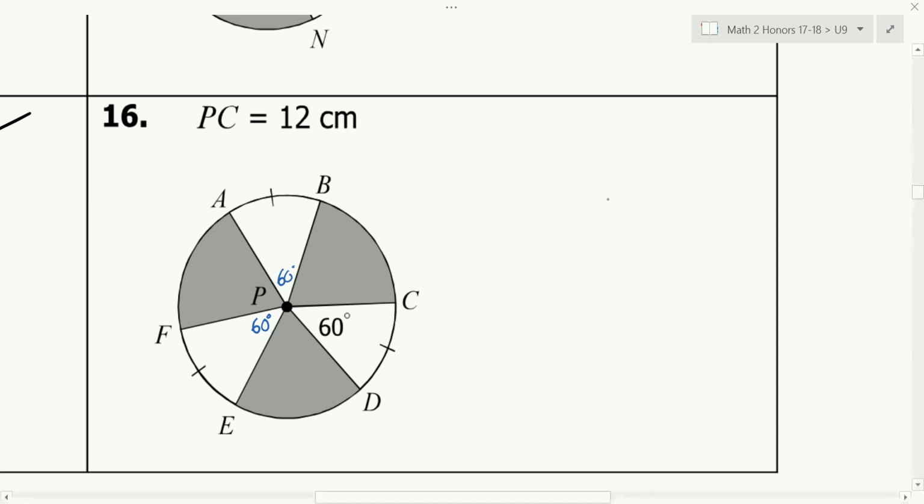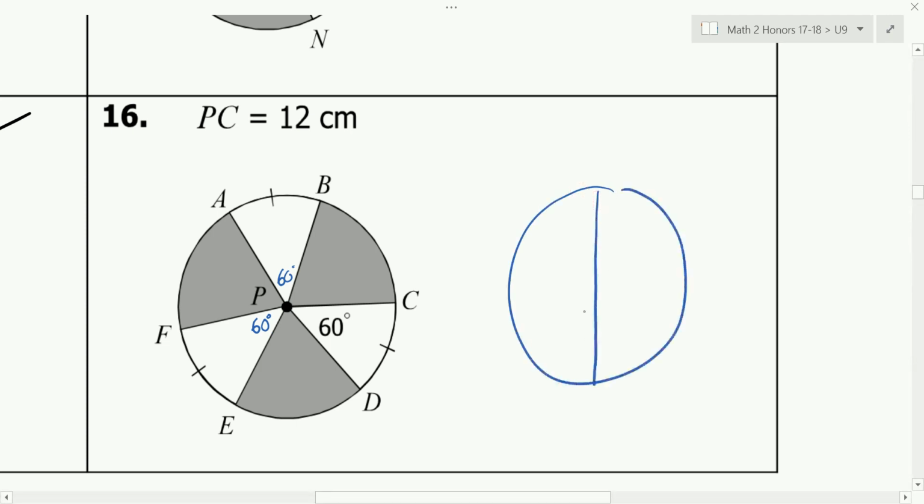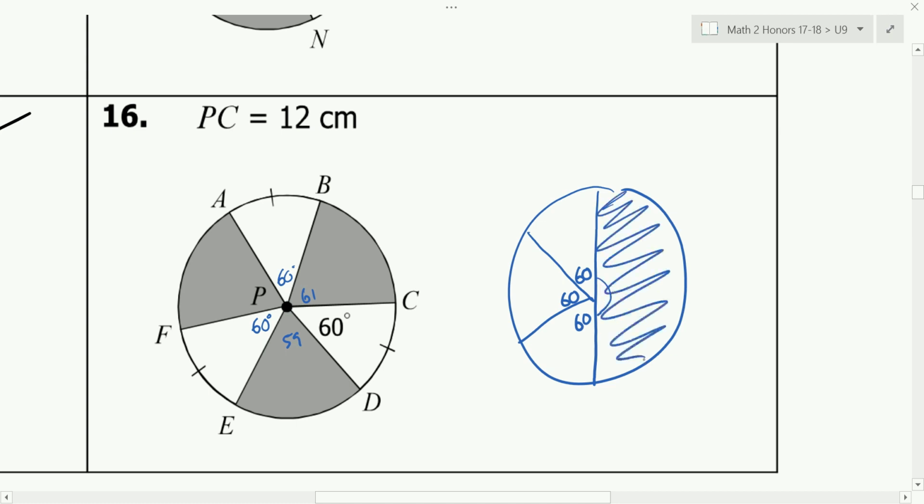So if you put all the shaded regions together and the non-shaded regions together, the non-shaded regions we know, and that adds up to 180. We don't know what the shaded regions are. This may be 59, this may be 61. But we do know they have to add up to 180. So our shaded region ends up being half of a circle. Okay, now keep going.